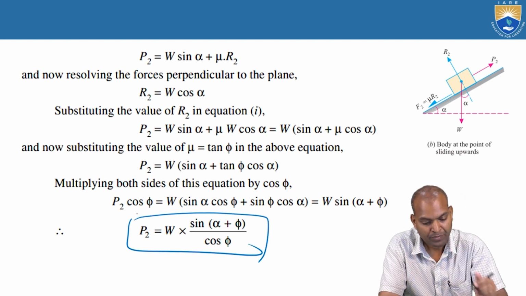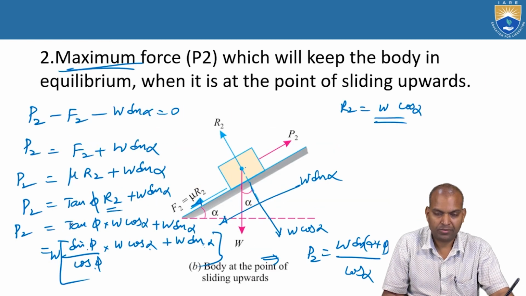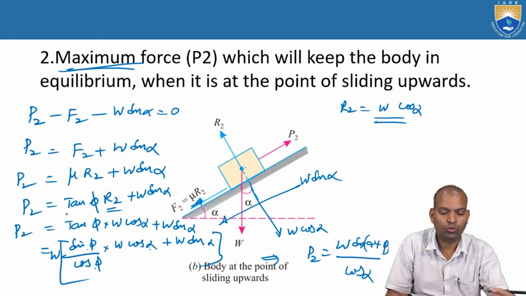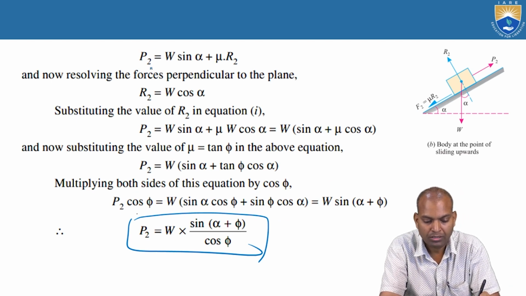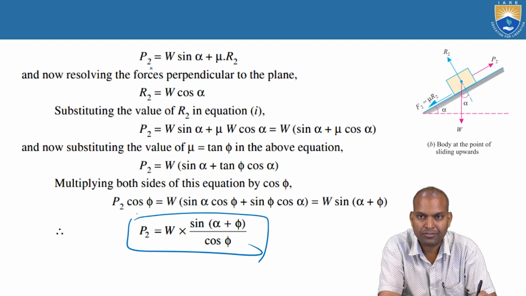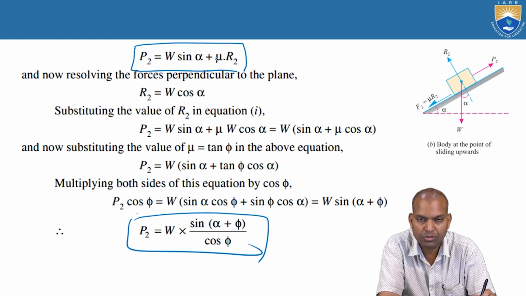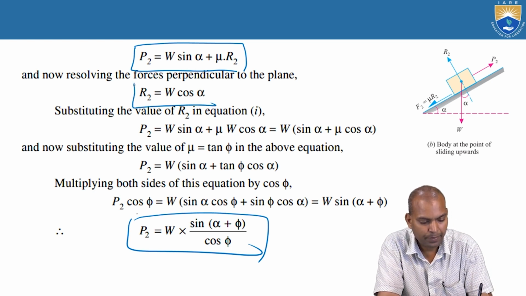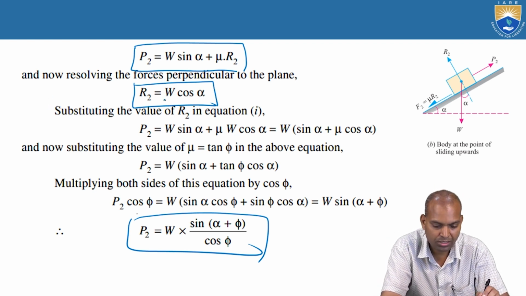That is P2, the same thing. Please follow the steps you followed here, then go through the notes. Resolve parallel to the plane, the equilibrium condition parallel to the plane: P2 equal to W sin alpha plus mu times R2. Then resolving the forces perpendicular to the plane, R2 equal to W cos alpha.